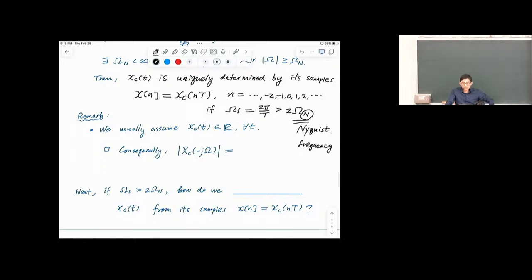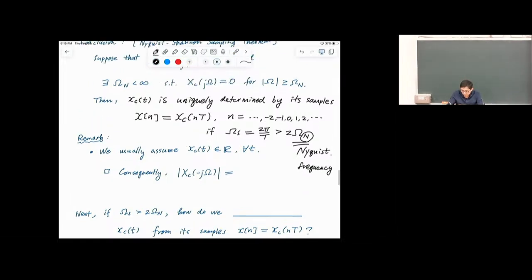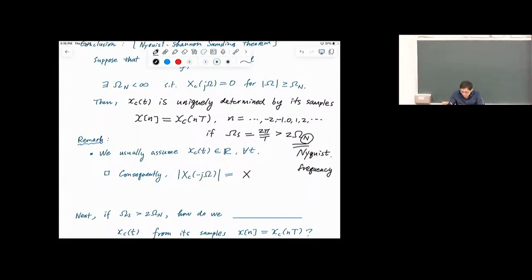So now, to wrap up this lecture, we have a few remarks. First, as I mentioned briefly, usually we assume our signals x(t) are real numbers. Consequently, for any real signal, the spectrum is going to be symmetric around frequency 0.